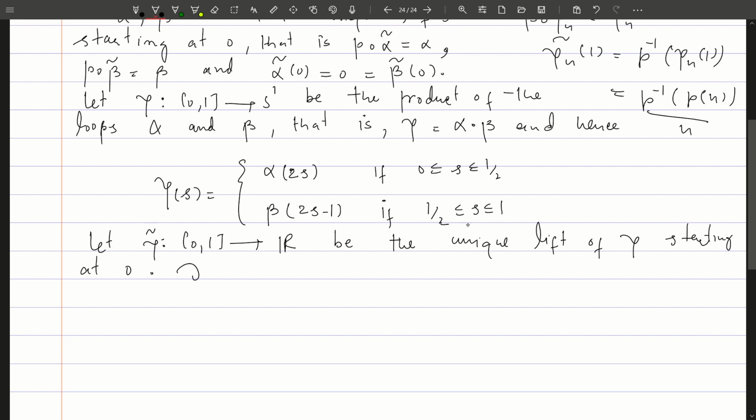That is, P of gamma tilde is gamma, and gamma tilde of 0 is 0.